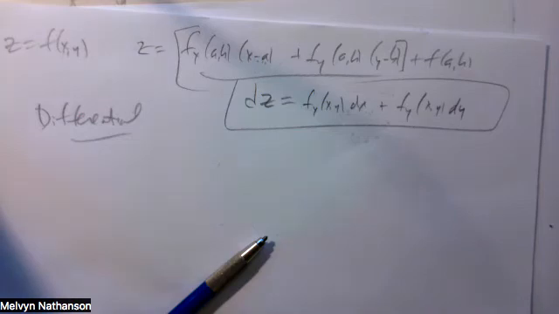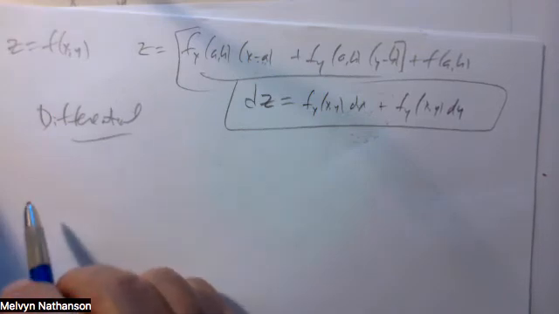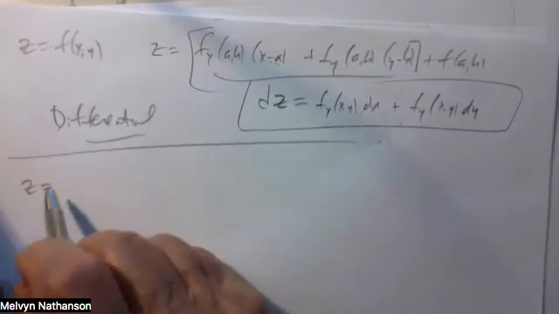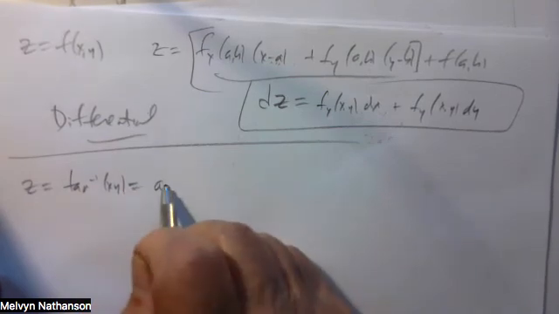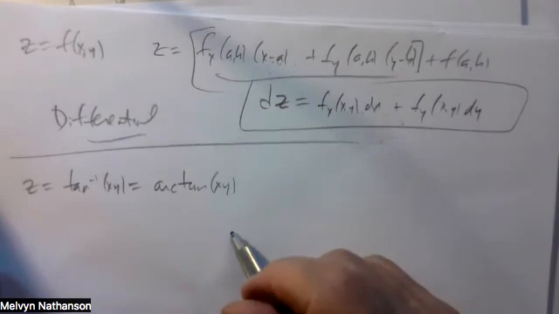Let's see if I can do one or two more problems, just because this is really quite interesting. Suppose I have the function z equal to the inverse tangent of xy, or the arctangent of xy, whichever notation you prefer.